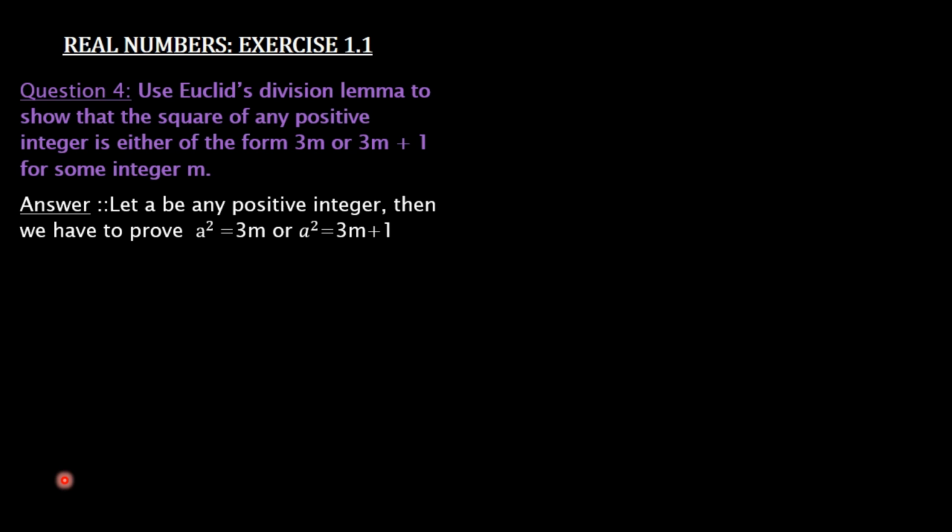So by having a look at this, we could say that 3m is of the form 3q plus r. So let us move on by applying the division lemma to a and 3. Let us proceed and check whether we can find our answer or not. Okay. So we are going to apply Euclid's division lemma on a and 3.